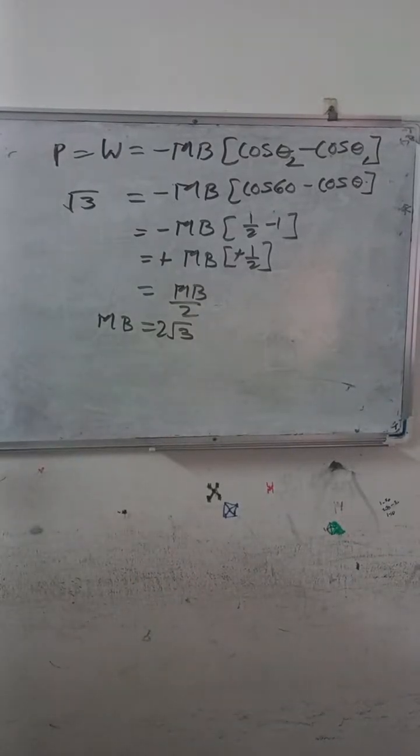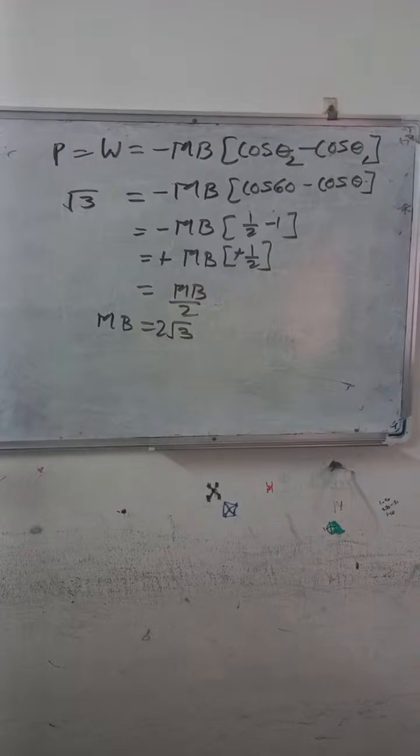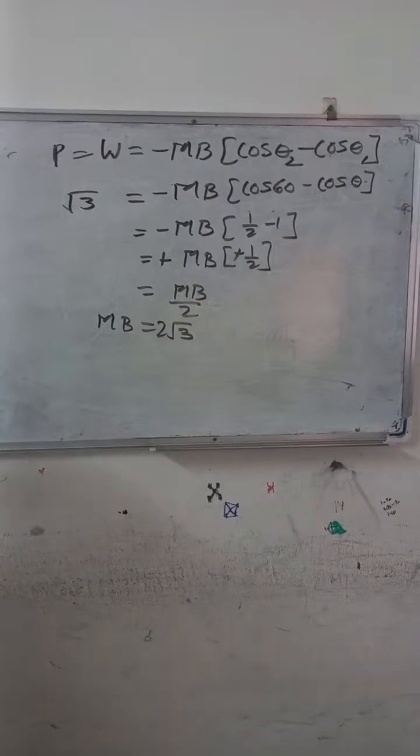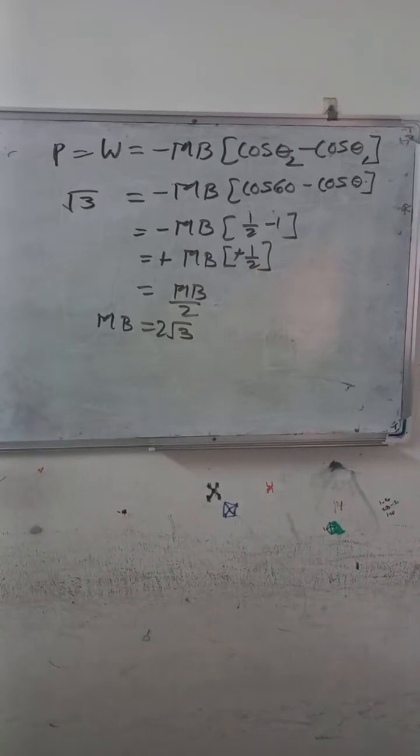But they have calculated it in terms of joule. So what are they saying here? MB is how much? Work done for turning through the 60 degrees is root 3 joule. The torque needed, tau, is equal to MB, and we are getting MB as 2 root 3.